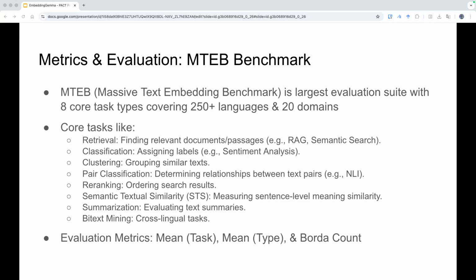So imagine there are two or three embedding models. The first embedding model gives a ranking like 1, 3, 2, 4, and the other embedding model gives 1, 2, 3, 4. So the Borda count of the other embedding model's output is higher than the first one, since it's matching the original ranking.